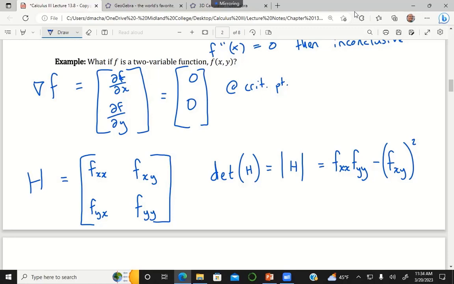So you first find the place where the gradient is equal to 0. Those are your critical points. And then you calculate the determinant of this Hessian matrix. The determinant of the Hessian matrix always looks like this for functions of two variables.